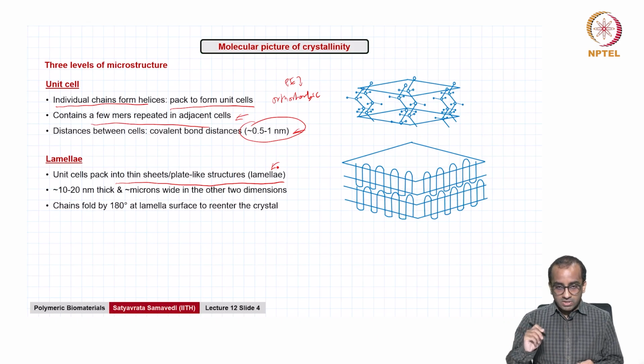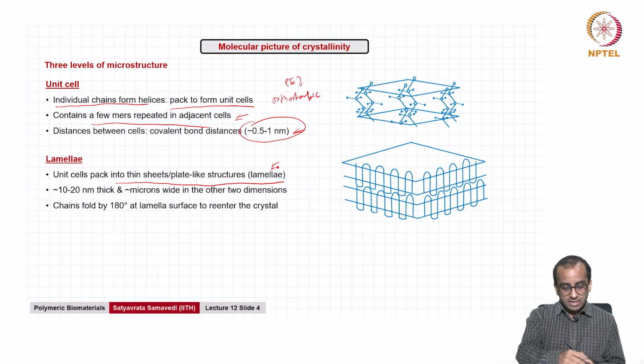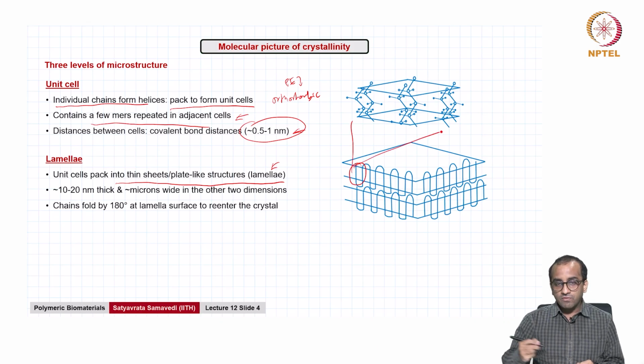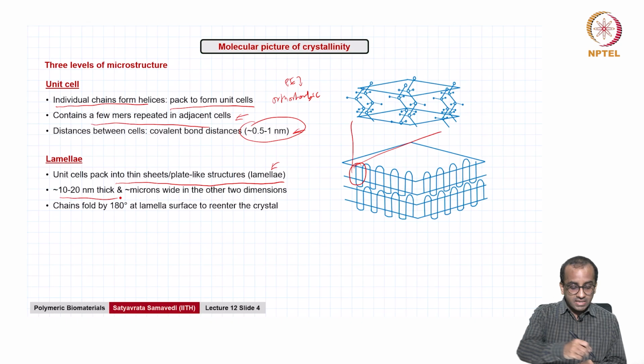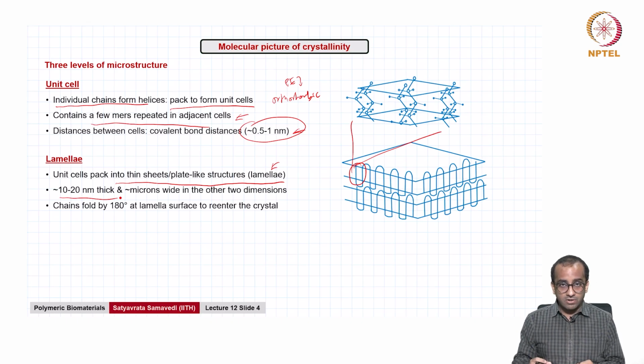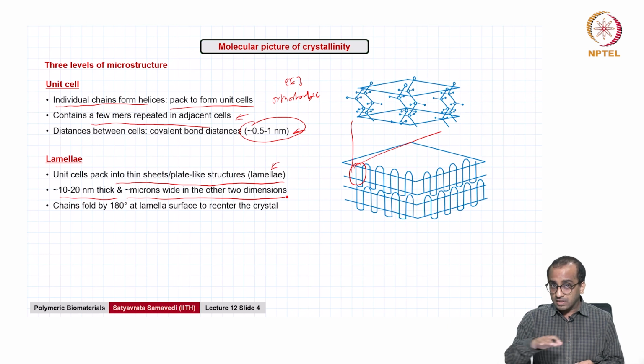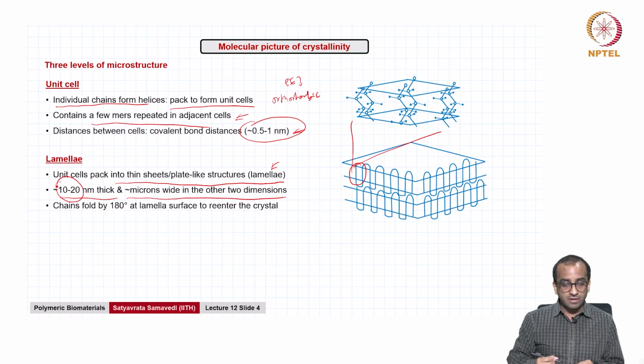What is important to keep in mind here is that within these lamellae that grow from unit cells, there are unit cells packed adjacent to each other. The lamellae thickness itself is not very long, about 10 to 20 nanometers, and it can grow up to microns wide in the other 2 dimensions. So, these are thin plate-like structures, roughly 10 nanometers thick.